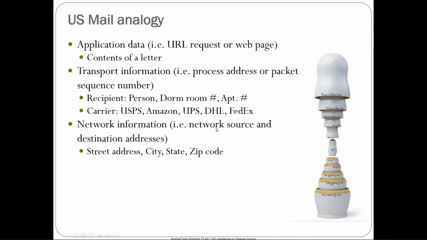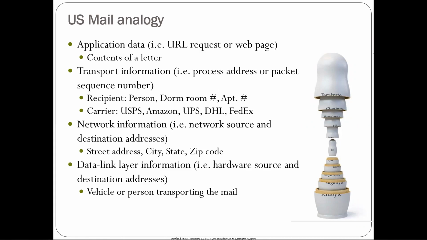And this is equivalent to the network source IP address and the destination IP address. And then finally, the data link layer information is basically the vehicle or person transporting that mail in the last hop. That's considered the last hop, like point-to-point communication. This is typically done with hardware addresses at the electrical layer, at the physical layer.